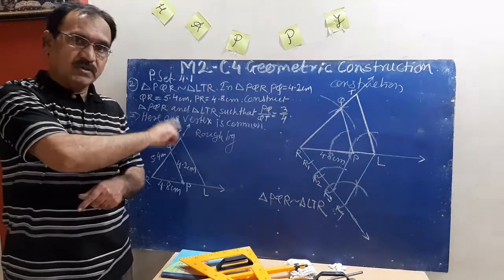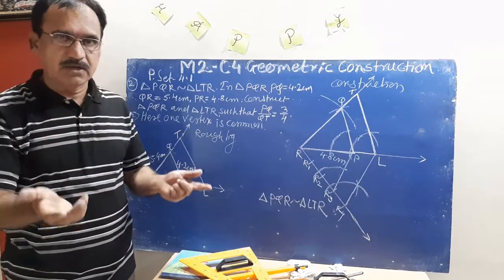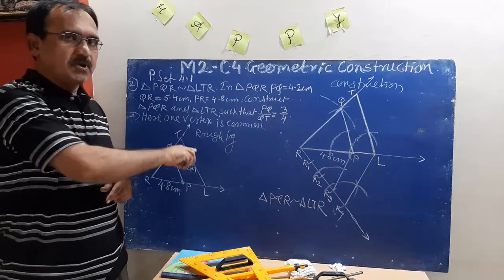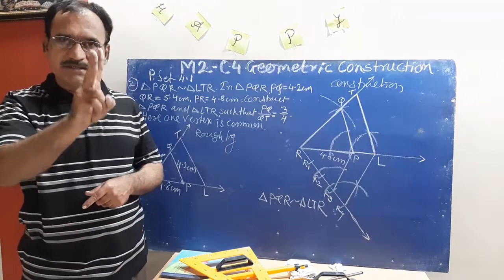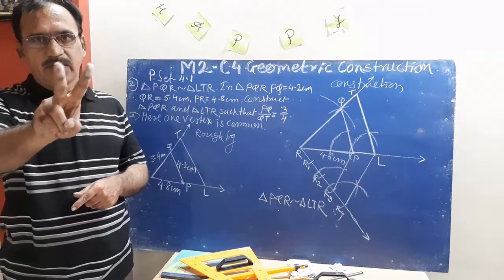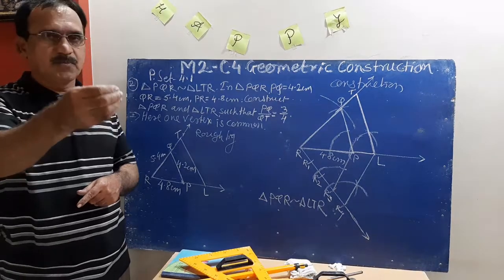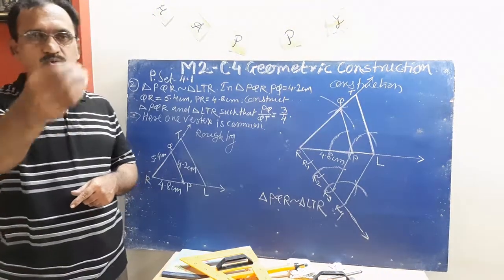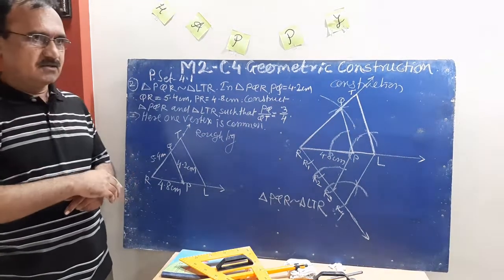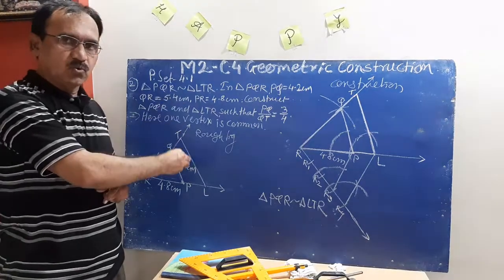Before this example, we saw one example where vertices are distinct, and here one vertex is common. The remaining two examples are the same as 1 and 2, and therefore construct the remaining two examples yourself. Then next, practice set 4.2 depends on tangent to the circle. Okay, do practice this. Try to complete the remaining two examples.